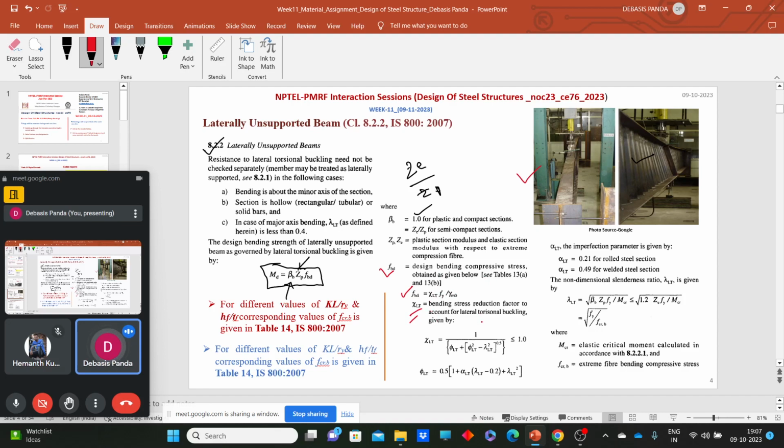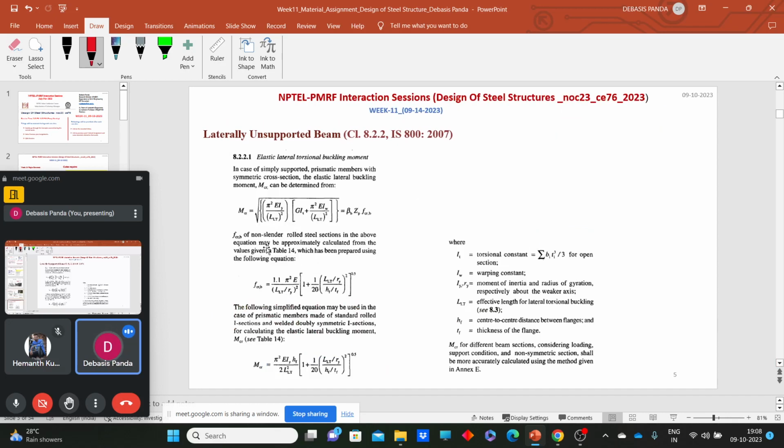To calculate chi LT and other values, we need to know the alpha LT value. What is that alpha LT? It is the imperfection parameter, and its value will be 0.21 for a rolled steel section and 0.49 for a welded section. Using this set of formulas, and one formula for M shear, we can calculate the value of fbd.